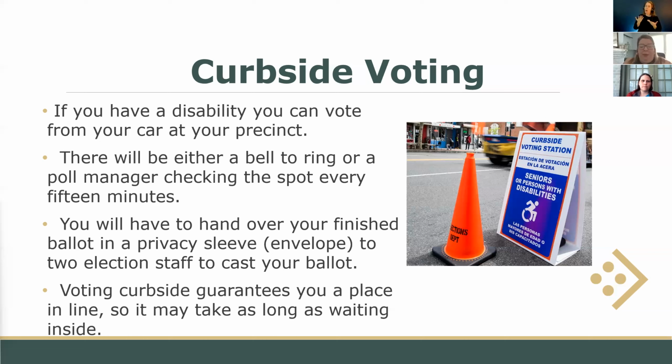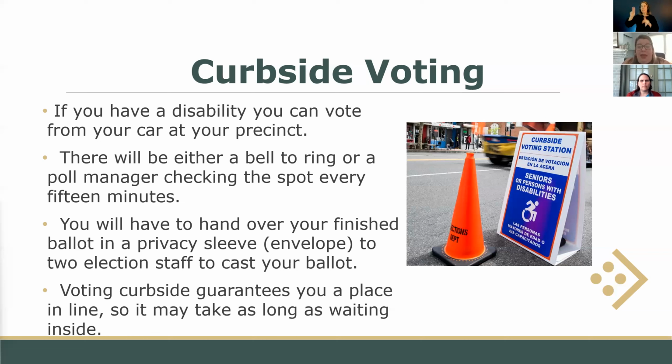If you have a disability, you can vote curbside. It should be well marked. It should have one of these signs like we have in the picture that indicates where the spot is that you're supposed to be voting with. And you can vote from your car. You don't have to exit your car. The rule is that there will be either a bell to ring that is reachable from the driver's side, or someone should be checking that spot every 15 minutes.